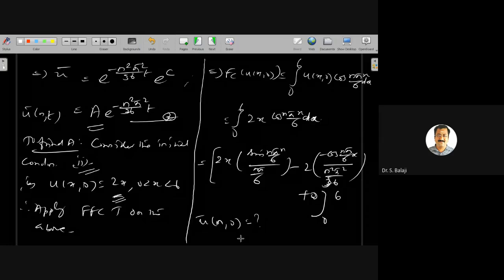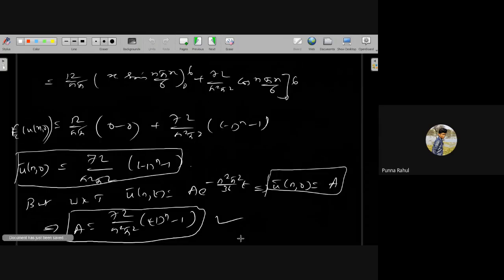What is u bar of n comma 0? Integrate and substitute the limits. 72/(n²π²) into ((-1)^n minus 1).